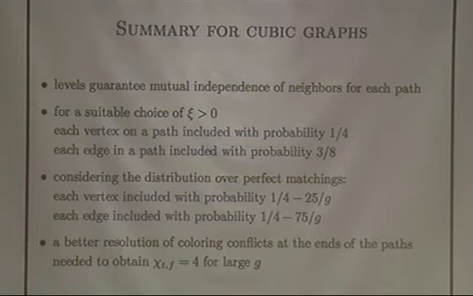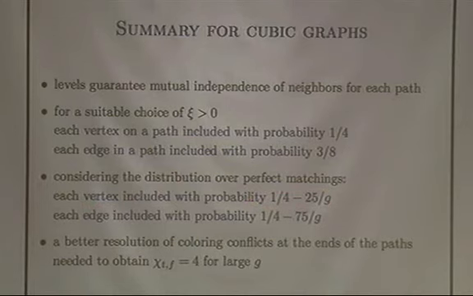And now, this was under the assumption that the choice of the path is fixed, and the choice of the path depends on the choice of the perfect matching and the choice of the vertices that I am going to remove from the complementary two-factor. So if I consider the distribution over perfect matchings and the distribution over the vertices that I am going to remove from the cycles, then every vertex is included with this probability, because the probability that a vertex is covered by a path was 1 minus 100/g.